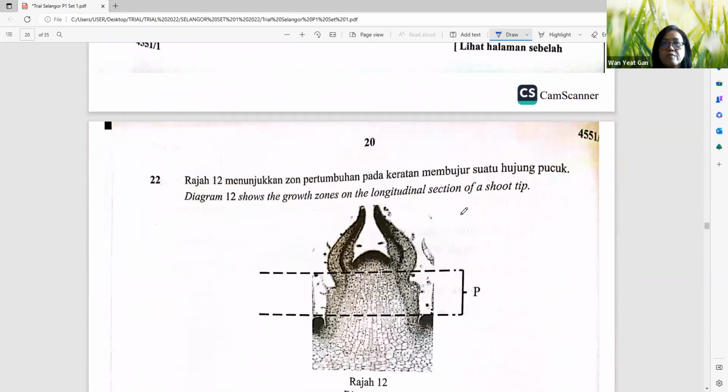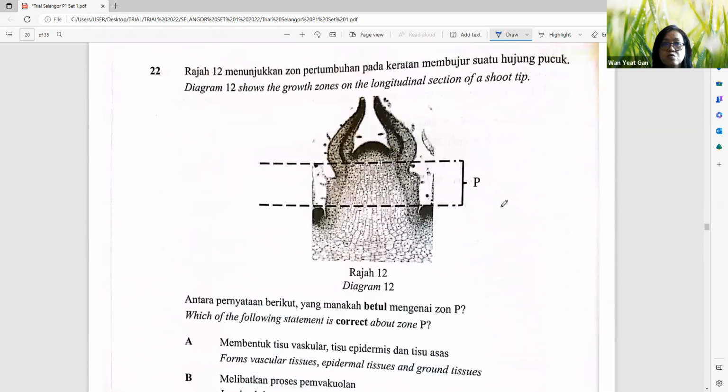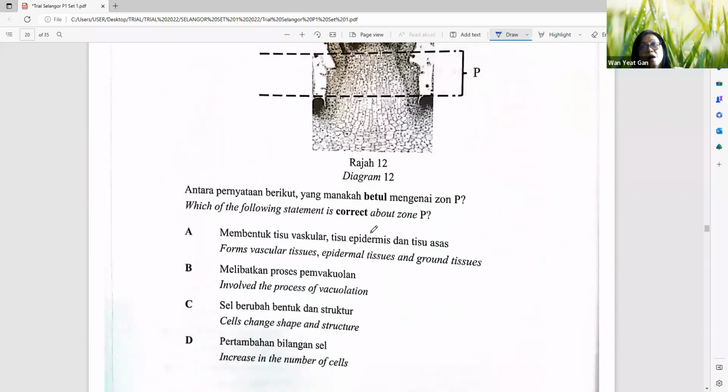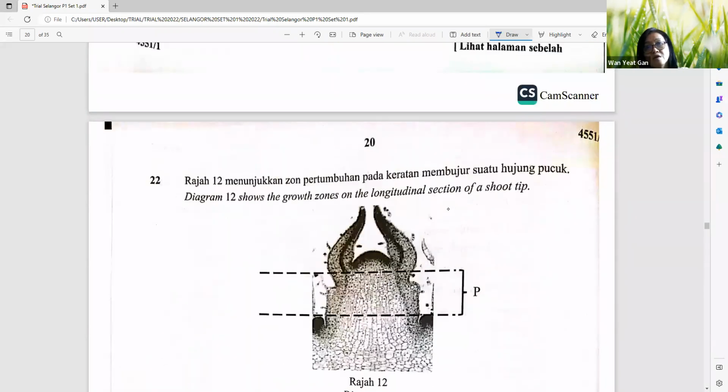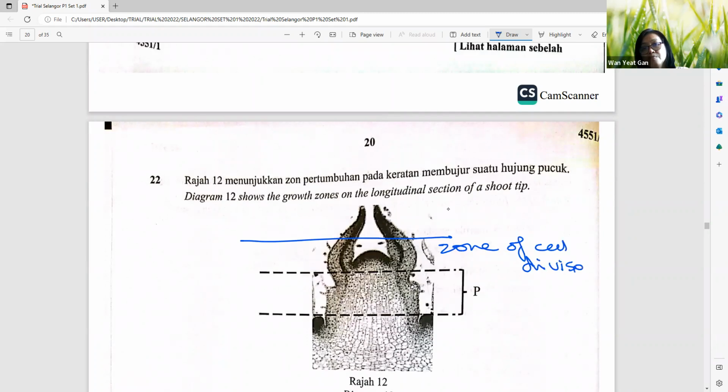The diagram shows the growth zones of the longitudinal section of a shoot tip. Which of the following statements is correct about zone Z? Okay, zone Z here is below the zone of cell division. Here is the zone of cell division. Zone P here is actually the zone of cell elongation.